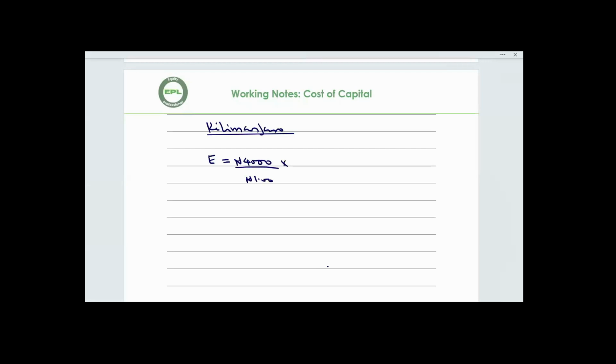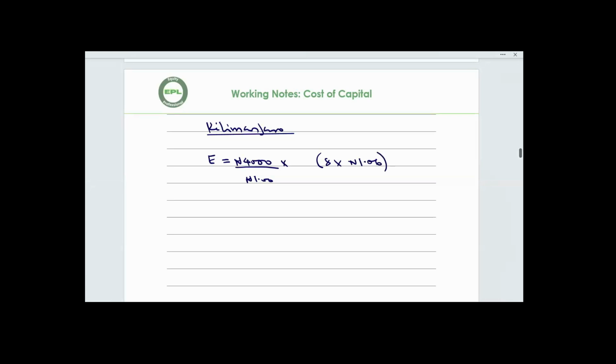Multiplied by share price. We don't know the share price. Price earning ratio of Kilimanjaro is 8. Earnings per share is 106. Therefore, 8 multiplied by 1.06. 106 kobo is the same thing as 1 naira 6 kobo.